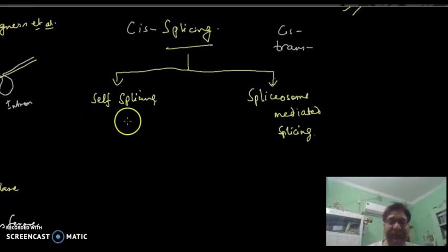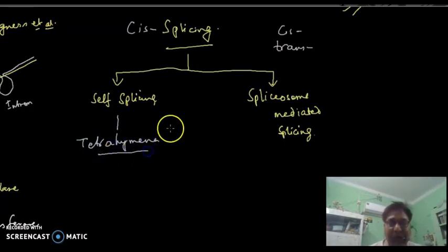So self-splicing basically means the RNA, the intron, gets automatically spliced. It was first noticed in a protozoa called Tetrahymena thermophila.